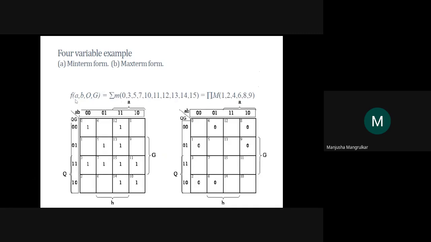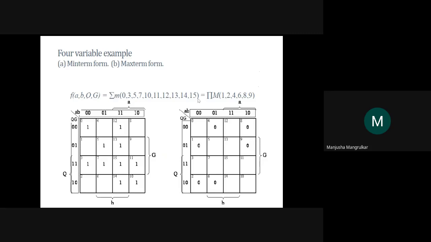So suppose a function is given there, a b, this is the sum of m, which means all these terms should be considered as a 1, right? If it is given, their terms are product, and all the terms are sum, right?